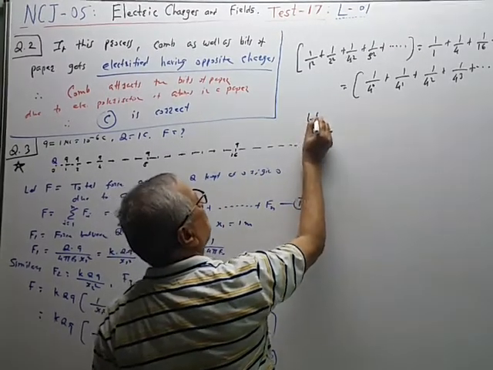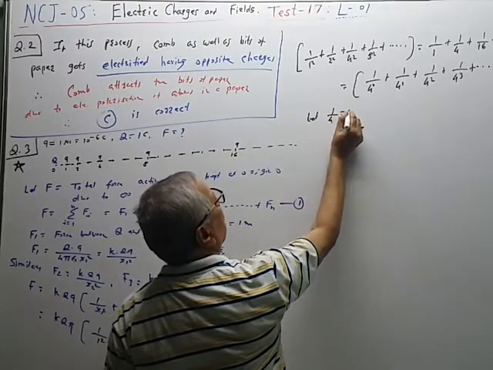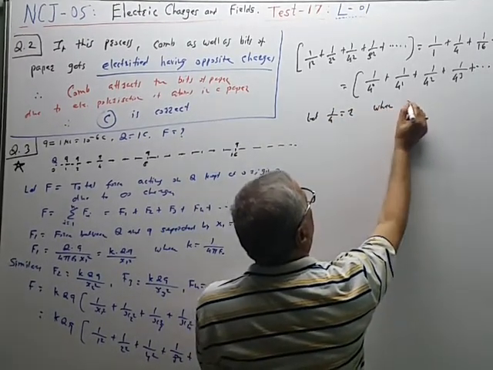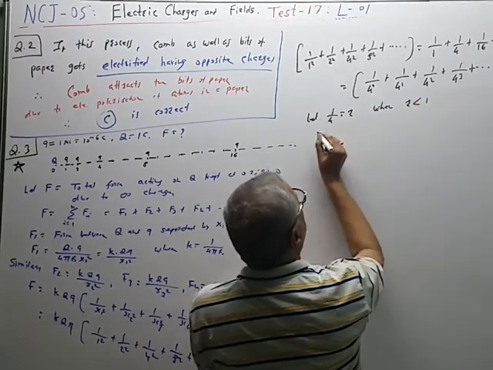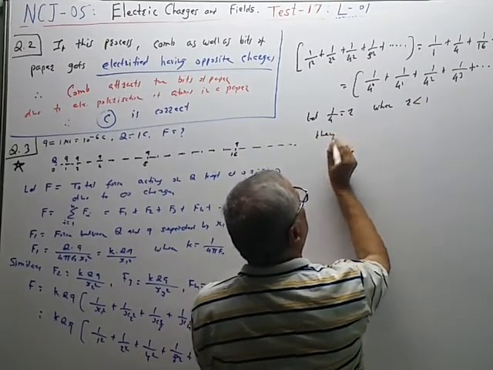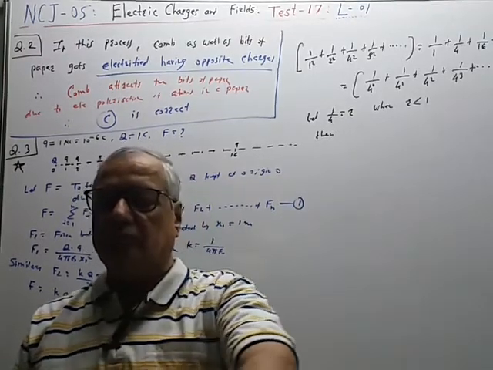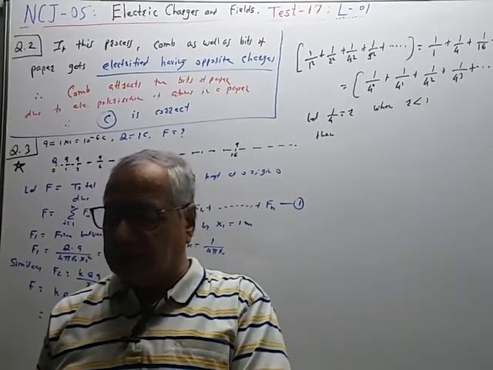Let 1 by 4 is equal to r. When r is less than 1, then this is the series sequence property.